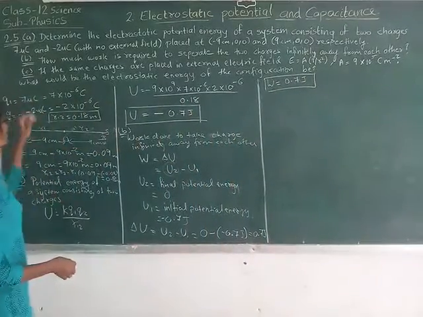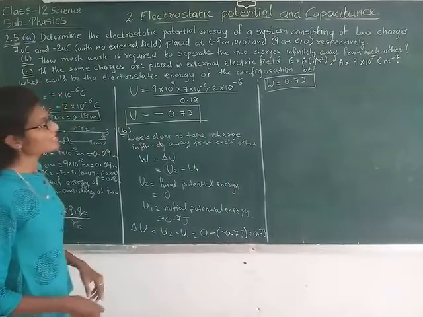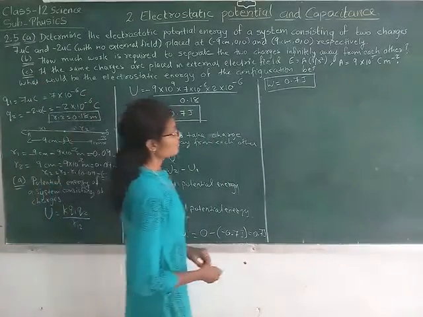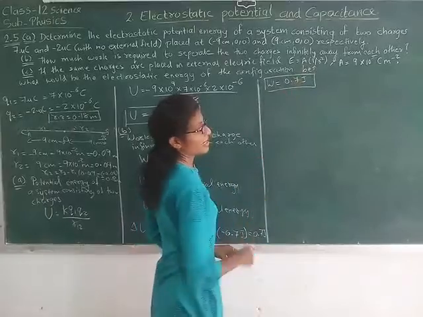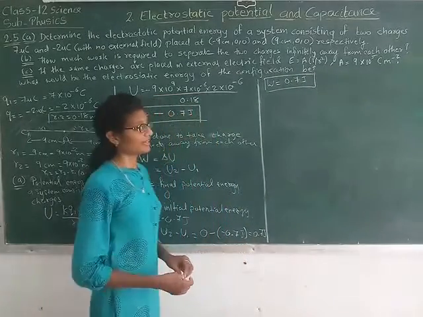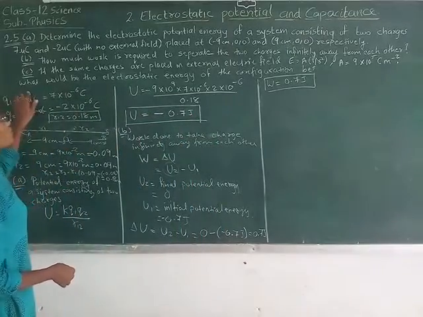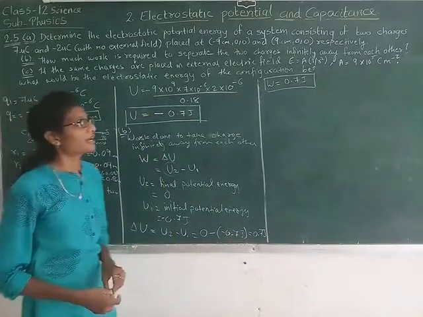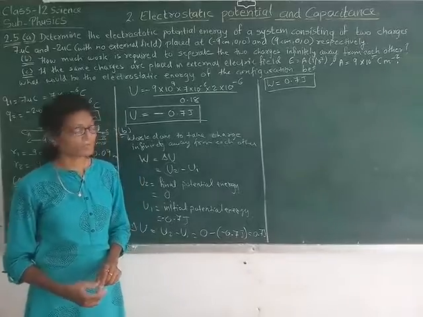Now let us solve the third part. If the same charges are placed in the external field, where E equals A into 1 upon R square, and the value of A is 9 into 10 raised to 5 coulomb per meter square, then what would be the electrostatic energy of the configuration B?